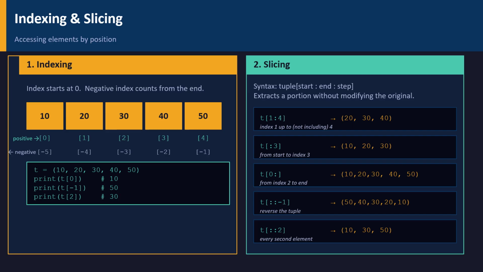Whereas slicing extracts a portion without modifying the original tuple values. For that, we need to use this particular syntax: starting position, ending position, and a number of steps forward towards the end.